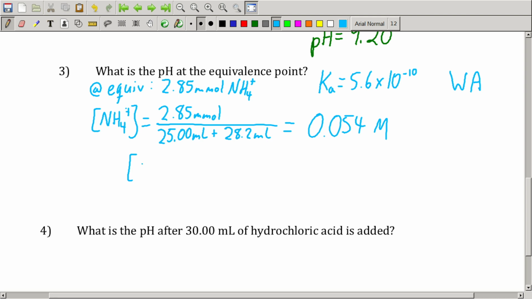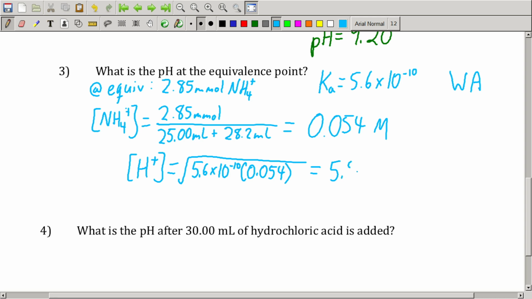So assuming we make the approximation, which is a pretty valid assumption, the hydrogen ion concentration in this solution would be the square root of that Ka, which we determined to be 5.6 times 10 to the negative 10th, times this initial molarity, 0.054. 5.5 times 10 to the negative 6th, okay?